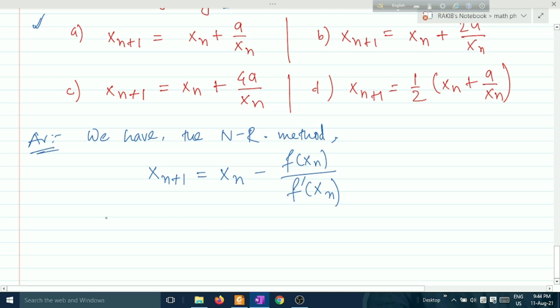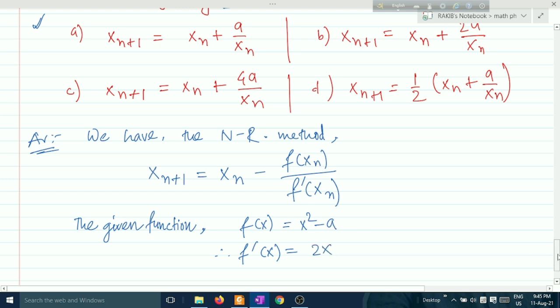The given function is f of x equals x squared minus a. Therefore, first you need to differentiate this, which gives 2x.